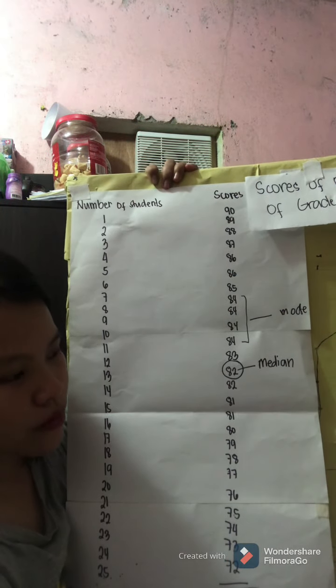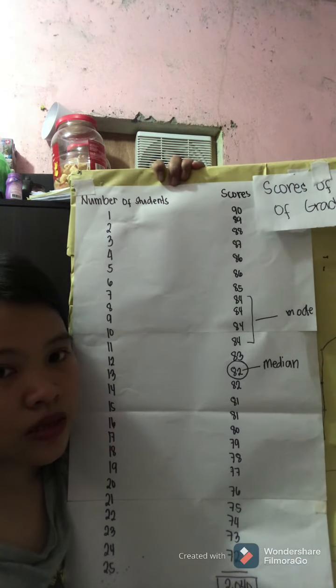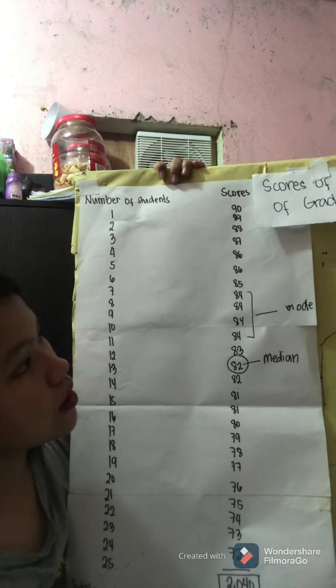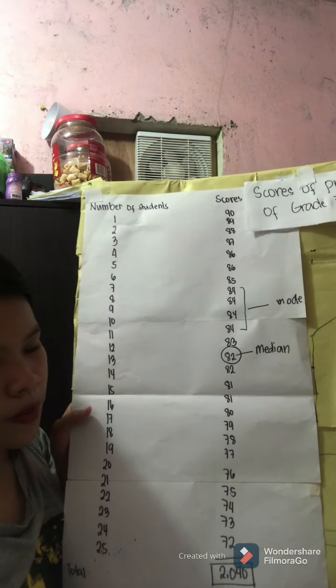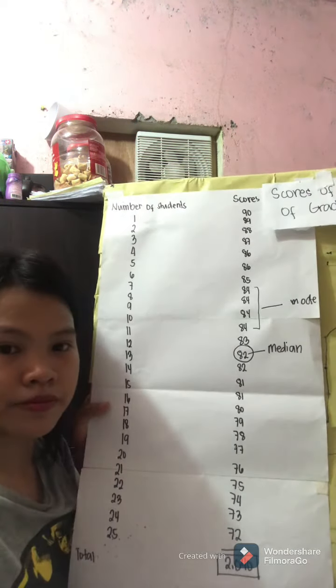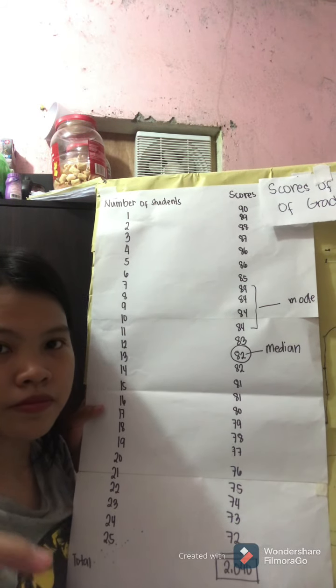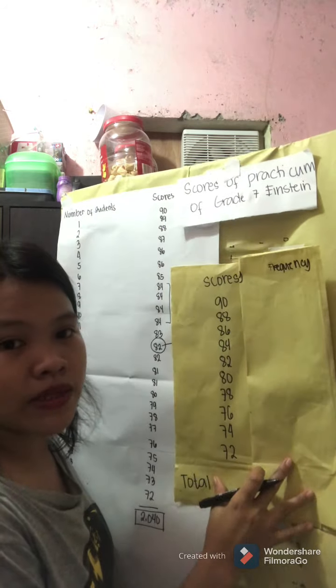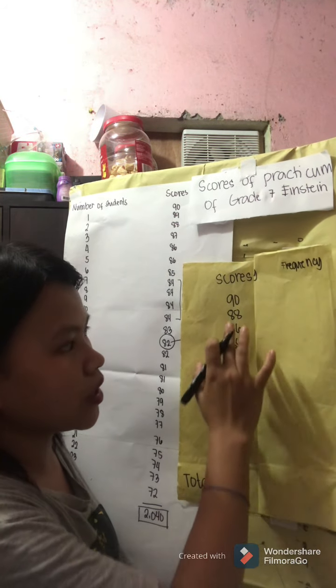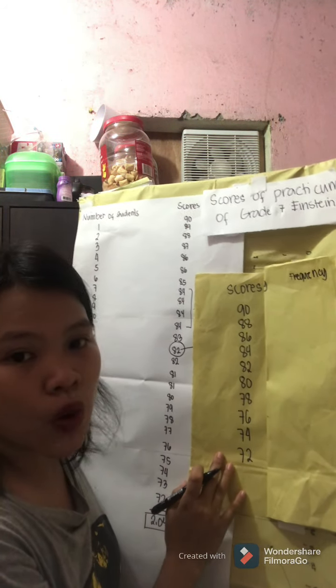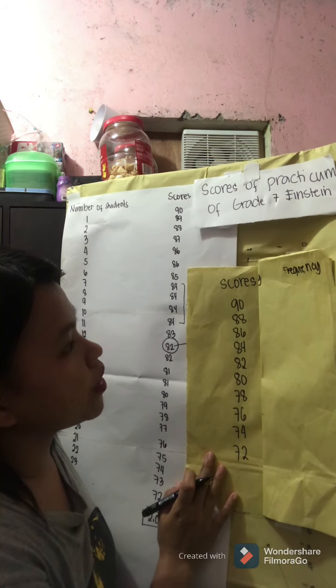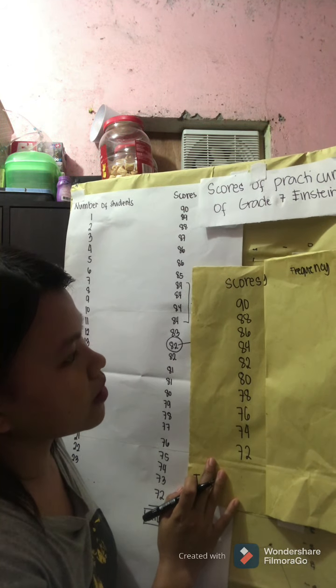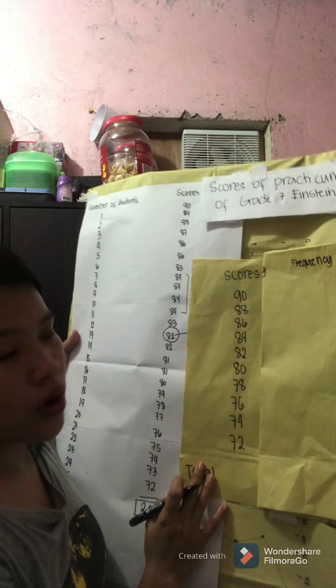So let's proceed to our shortened table. As you can see in our table, we shortened our scores, so we only get the average score.